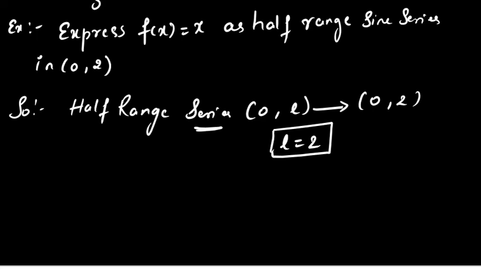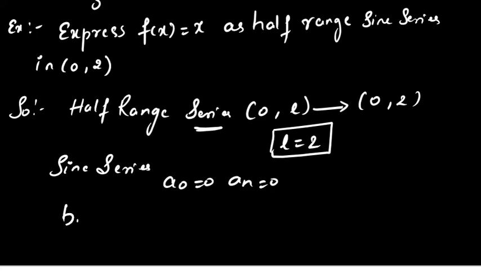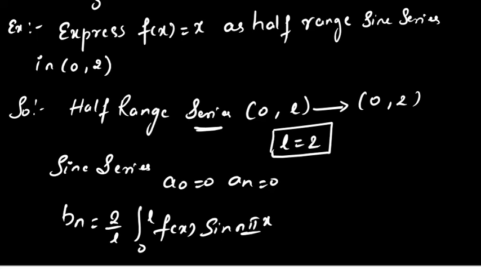So since it is a sine series, directly take a naught 0, an 0. You just have to find bn. So that is 2 by L integral 0 to L f of x sine n pi x by L into dx.